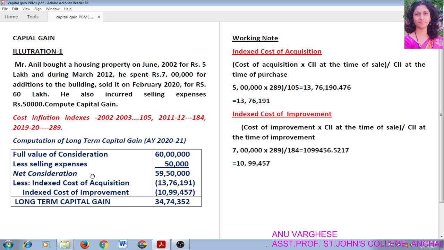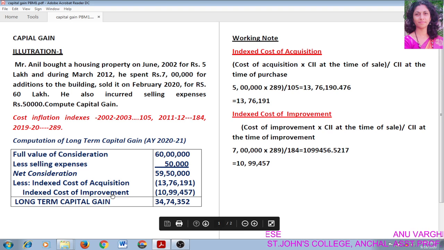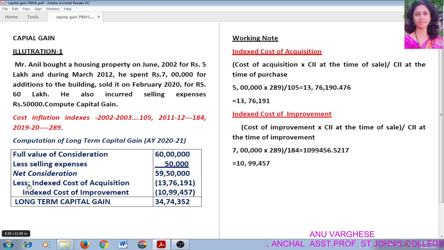From net consideration, we have to deduct indexed cost of acquisition and indexed cost of improvement. Remember that while computing long-term capital gain, we have to do indexation. Indexation is the process of estimating the present value of the transferred asset on the basis of cost inflation index.